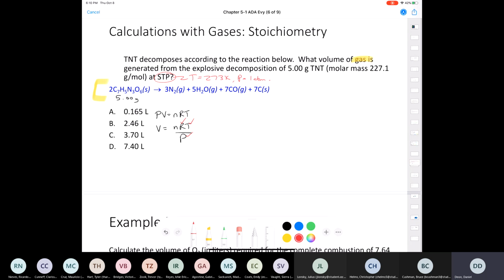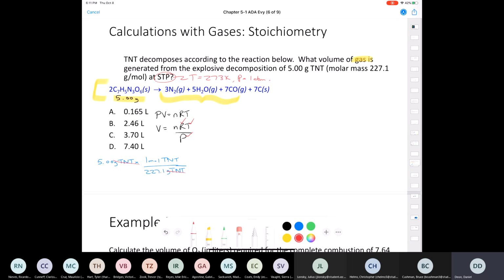From the mass of our TNT, can we figure out the total number of moles of these three gases? The answer is absolutely we can. Let me show you how. If I have 5.00 grams of TNT, and I know that in 1 mole of TNT, I have 227.1 grams of TNT.